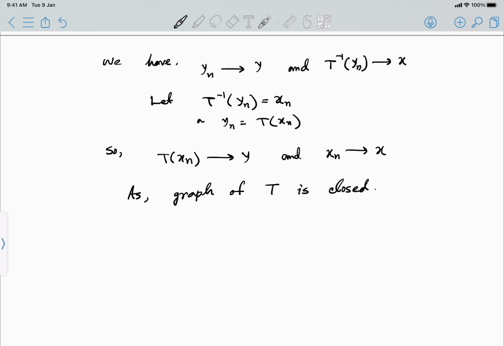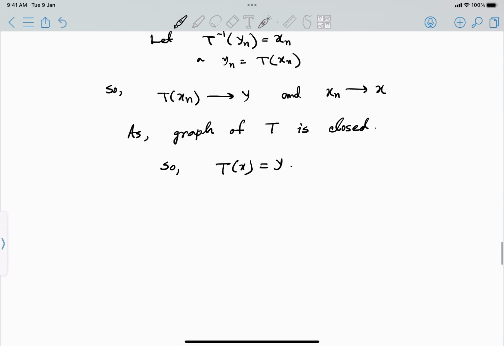What is the definition of closed graph? If xn converges to x and T xn converges to y, then T of x must be y. So T of x equals y, that is what we had to show. Therefore we are done. So graph of T inverse is closed.